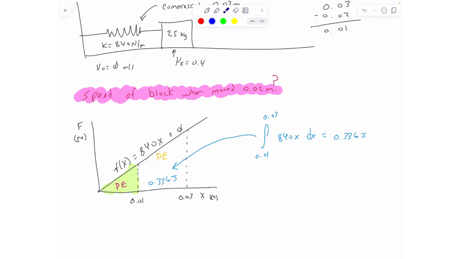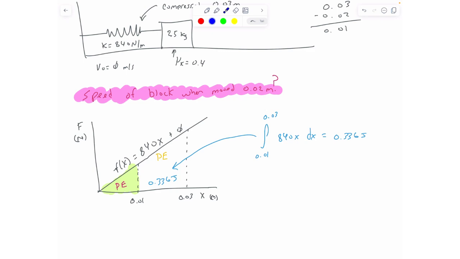But in this case, and in real life, there is friction between these two surfaces. So the friction is going to eat into that budget. You can think of this as a budget: I'm going to use a certain amount for friction, and the remainder will be for kinetic energy.